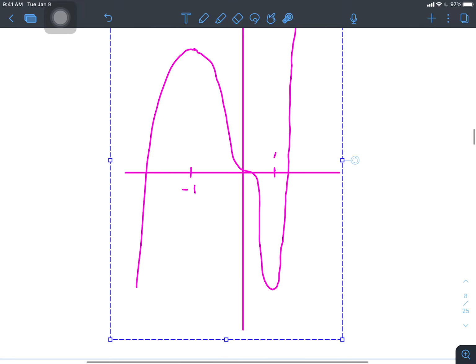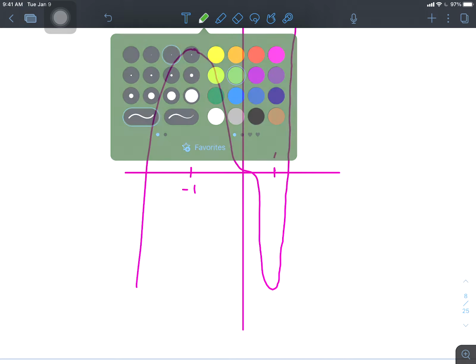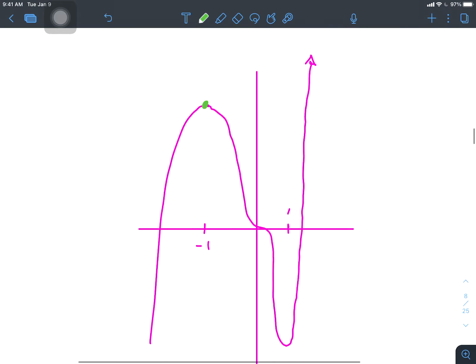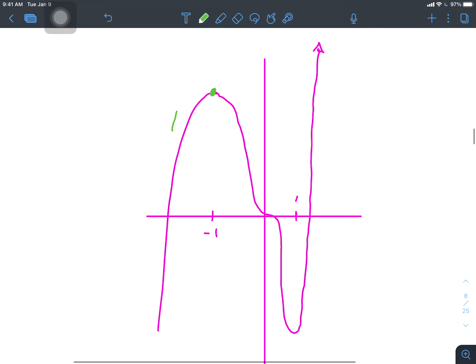Okay, so if I take a look at this first critical point and I observe a little bit to the left, it looks like my second derivative is what? Positive or negative? Positive? Why do we think it's negative or positive? What does the second derivative tell us about the shape of our graph? Yeah, whether it's concave up or concave down.